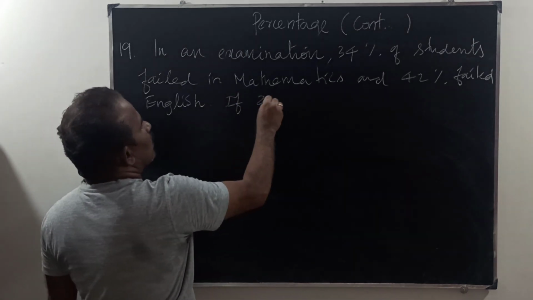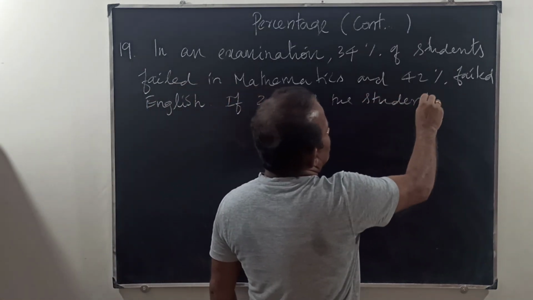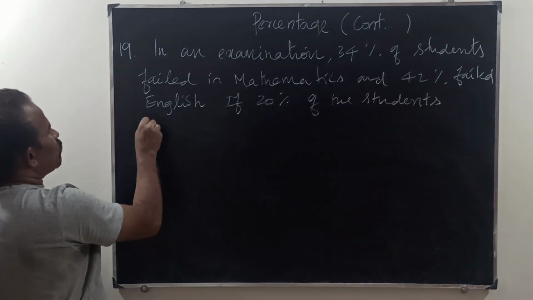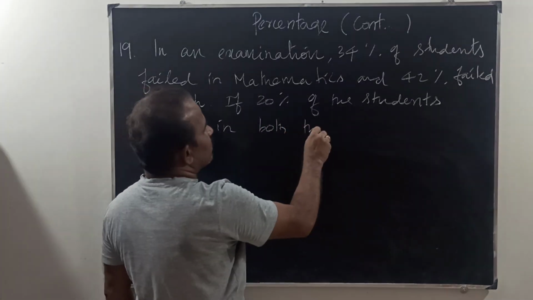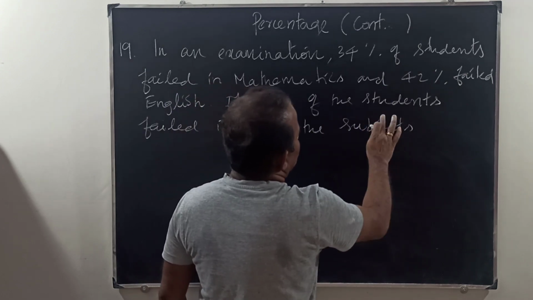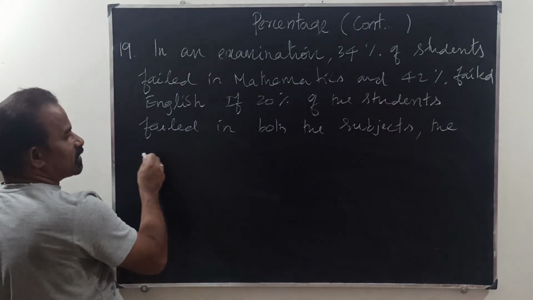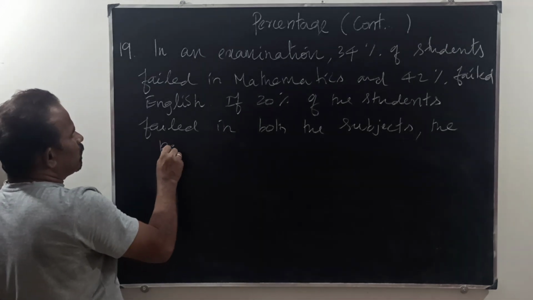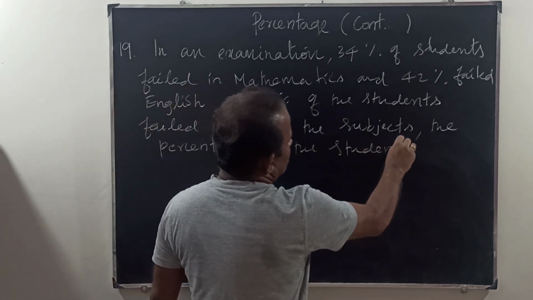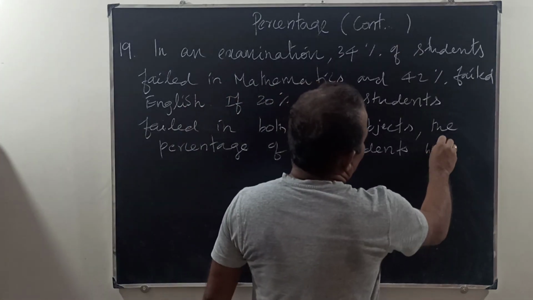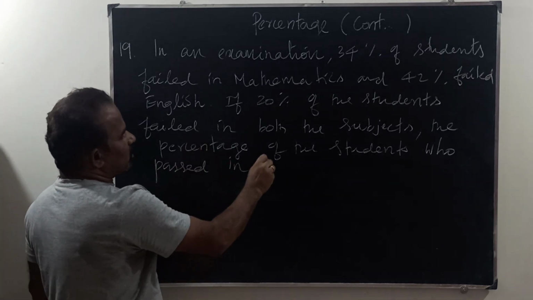If 20% of the students failed in both the subjects, then the percentage of students who passed in both the subjects.